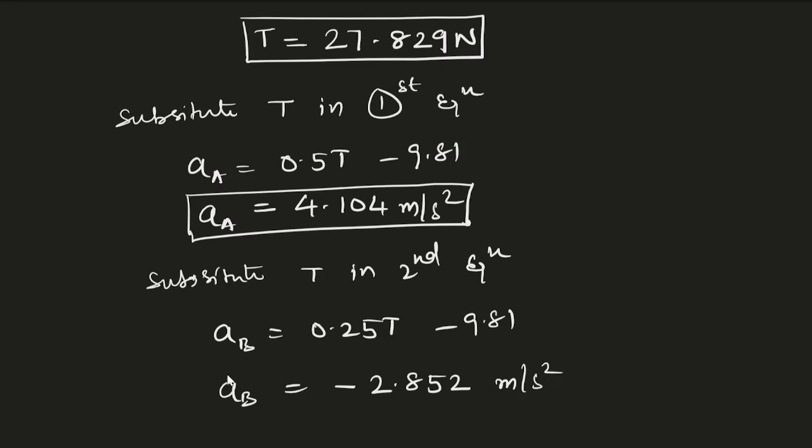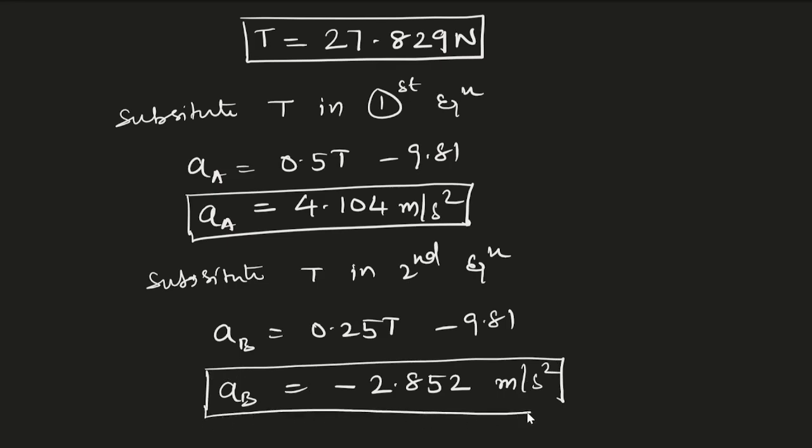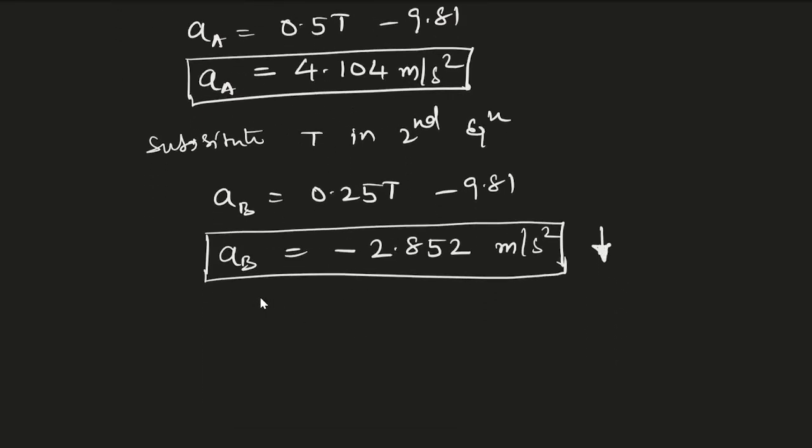That means it is going in the downward direction. We have assumed the upward direction, but since we have a minus sign, it is going downward. So this a_B is going in the downward direction.